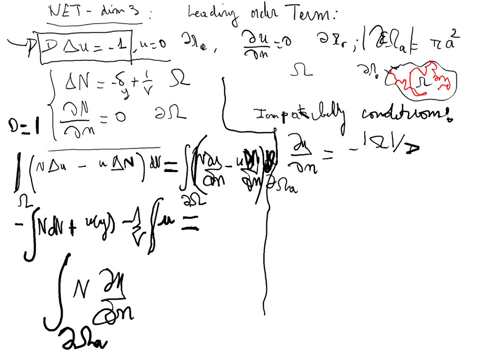The other term is simply zero, because the rest vanishes since dn, by definition, is equal to 0. We will see that the integral of u over omega is simply a constant. So we call c equals 1 over the volume of omega times the integral of u over the domain.